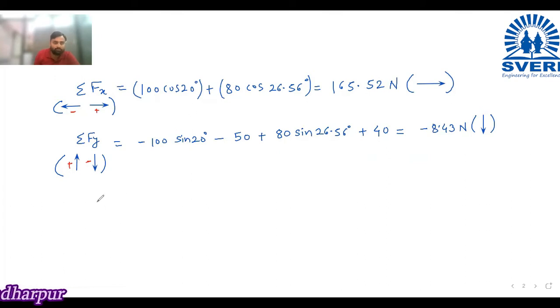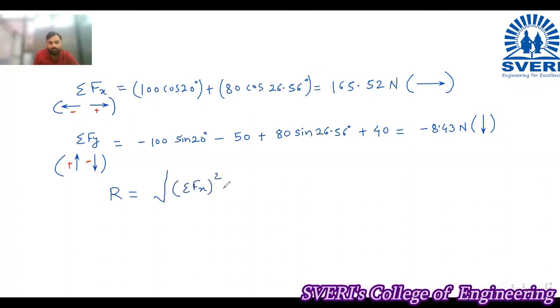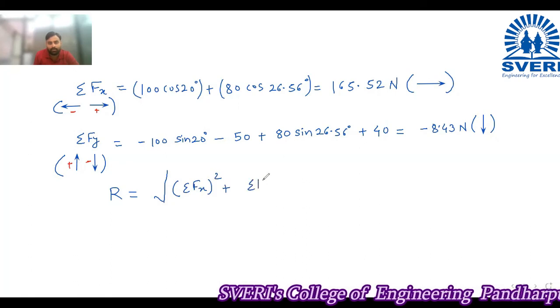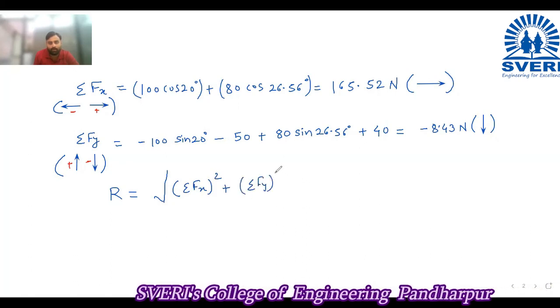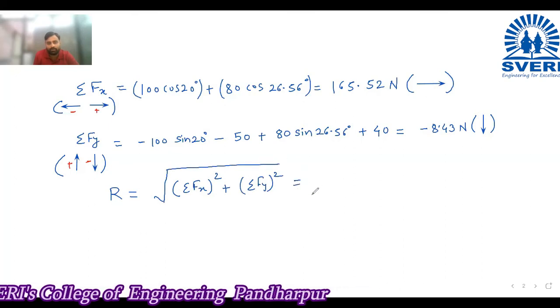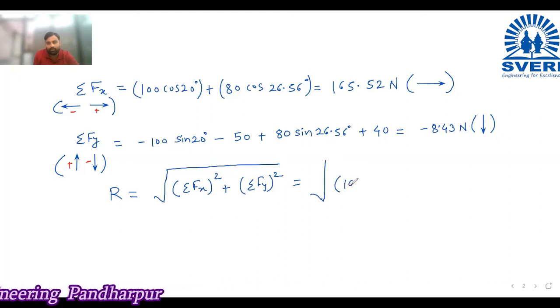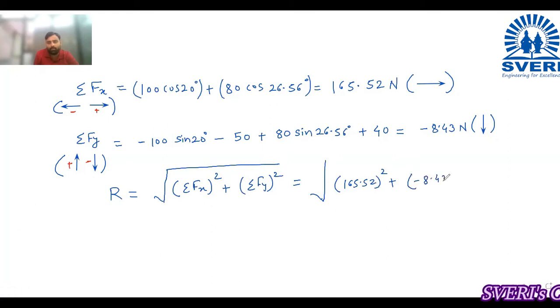Now R. So the resultant R is equal to under root summation fx square plus summation fy square. So put the values. Under root 165.52 square plus minus 8.43 square.